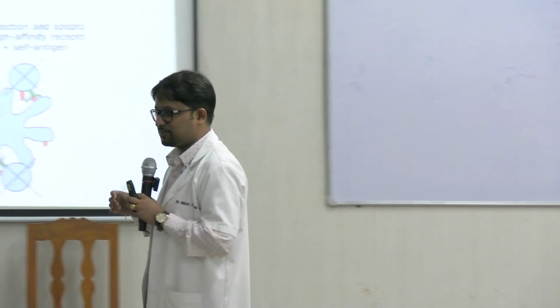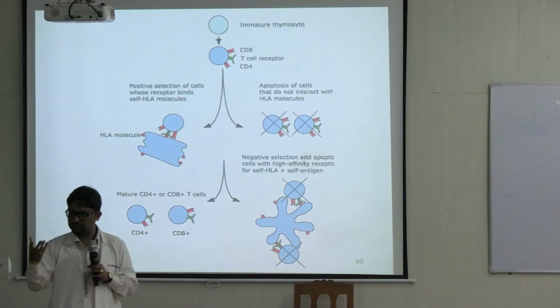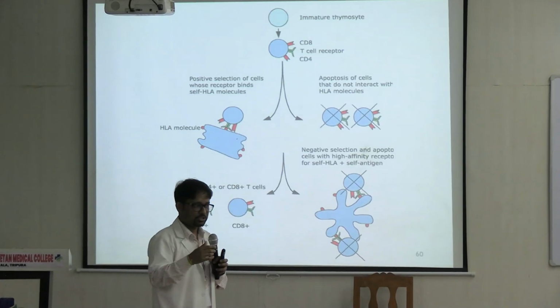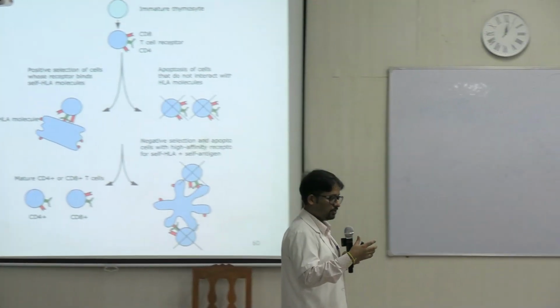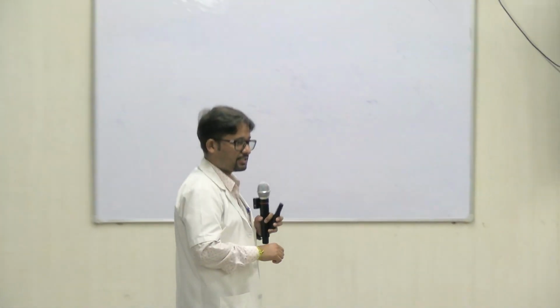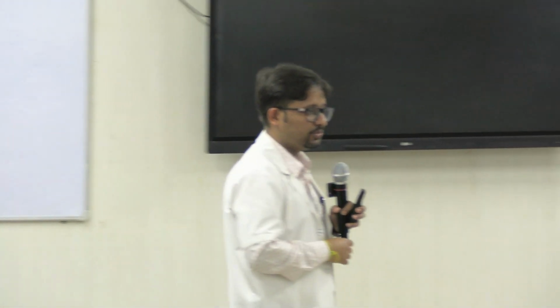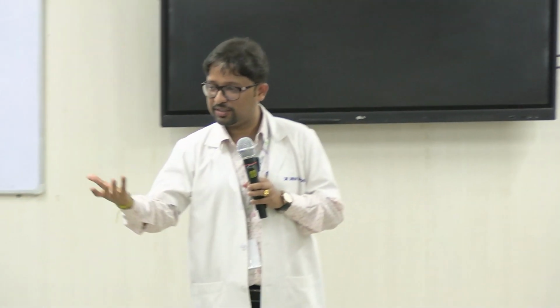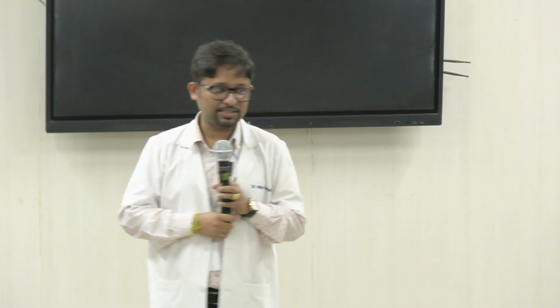Positive selection means only those developing T lymphocytes which recognize MHC and MHC-bound antigen or proteins are selected. If it is not recognizing MHC, then it is of no use. The first process that happens is positive selection.